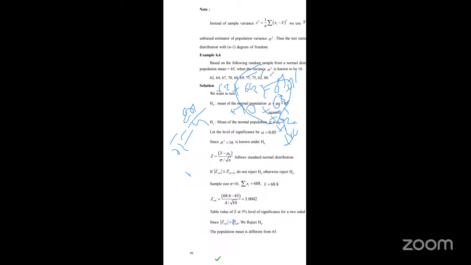At 5 percent level of significance, the calculated value 3 is greater than the tabular value, so reject H naught.